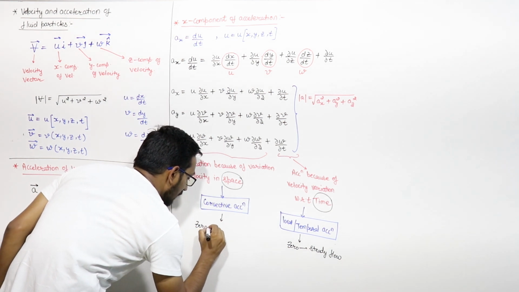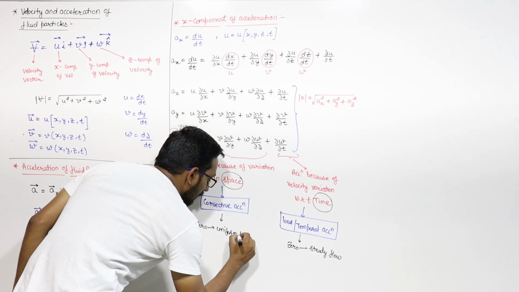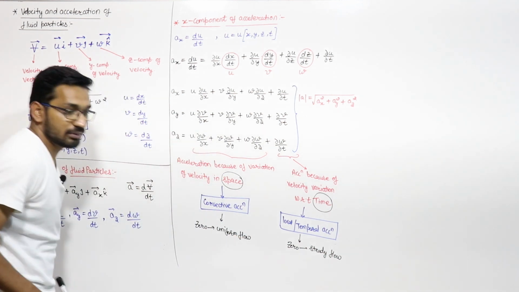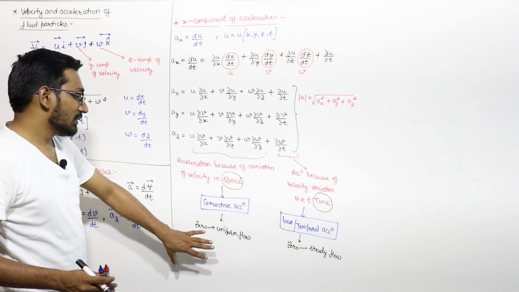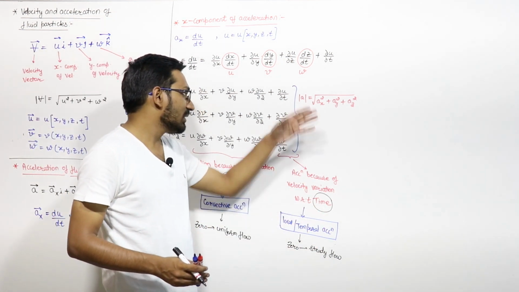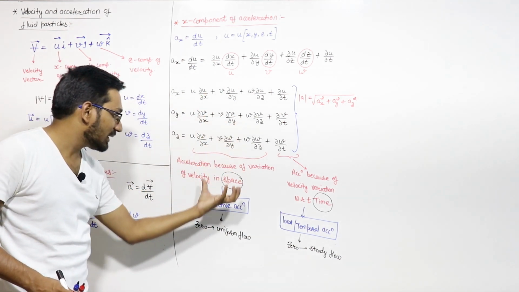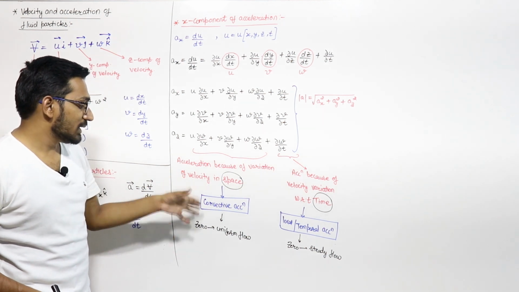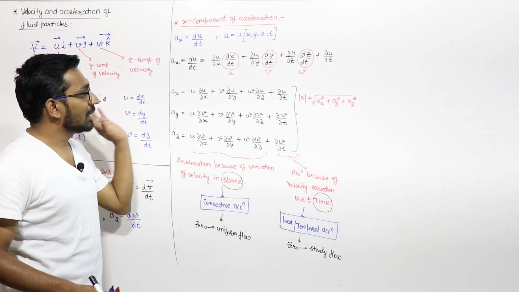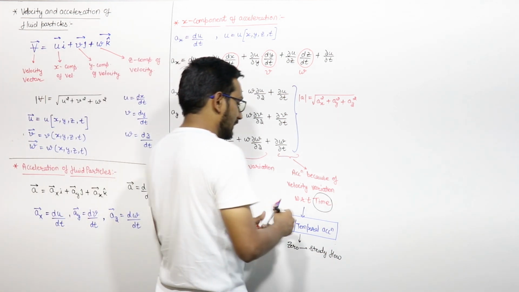This is the main thing: if the flow is steady, temporal acceleration is 0. If the flow is uniform, convective acceleration is 0. And if the flow is steady and uniform, complete acceleration will be 0. There should not be any acceleration.